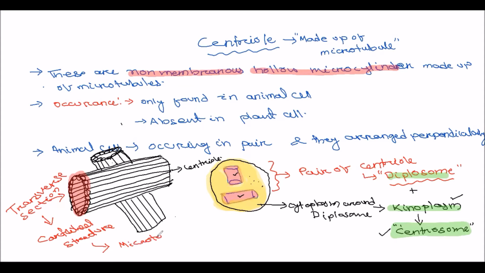Okay, so what is the cartwheel structure? When we take the transverse section of this centriole, there will be the appearance of a cartwheel. That structure is known as the cartwheel structure of the centriole.